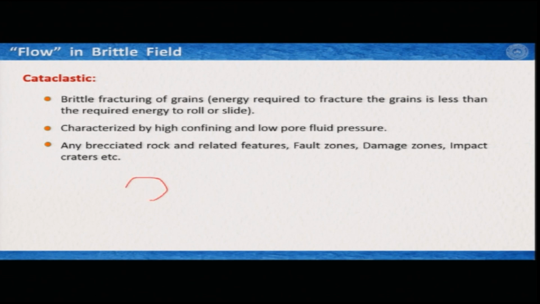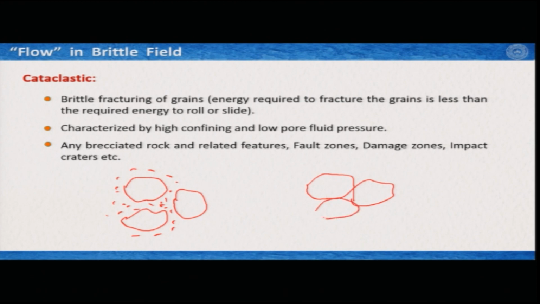In granular flow we have grains like this, filled by soft, unlithified sediments and fluid. In cataclastic deformation we have grains under high confinement and less fluid, so the grains are touching each other like this. This is granular flow and this is cataclastic flow.